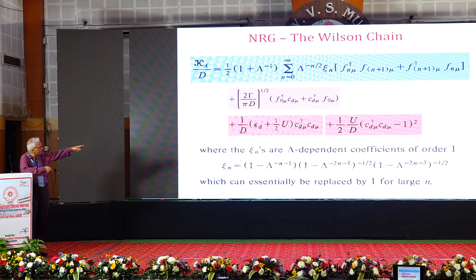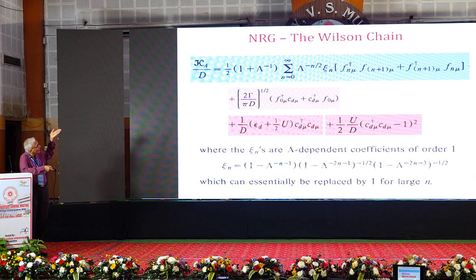The last 2 terms are the impurity terms. If you put an electron in the impurity, that is what that C dagger D, C D represents, the number operator for putting an electron on the impurity. If you put it there, it has an energy epsilon D. And then if you try to put 2 electrons on the impurity, it costs you energy U. That's what those last 2 terms compare.